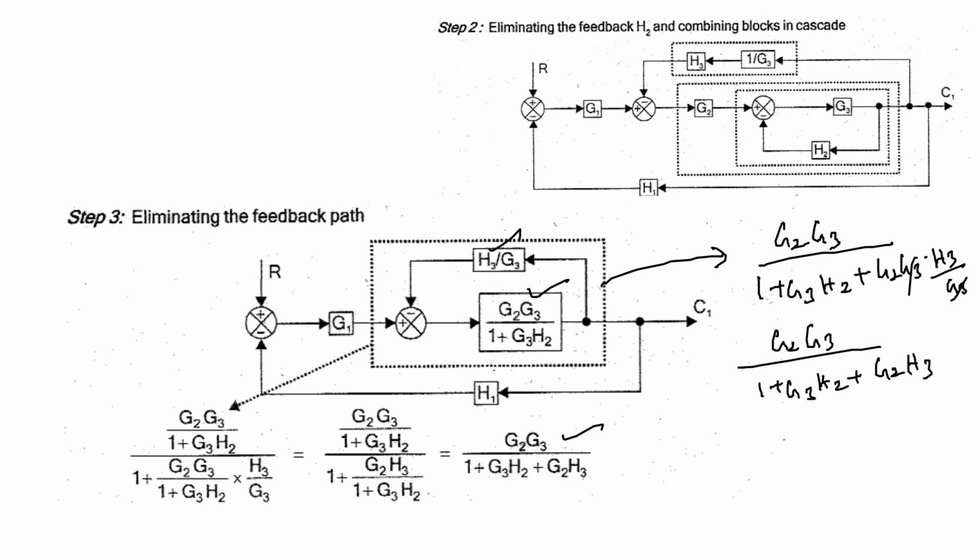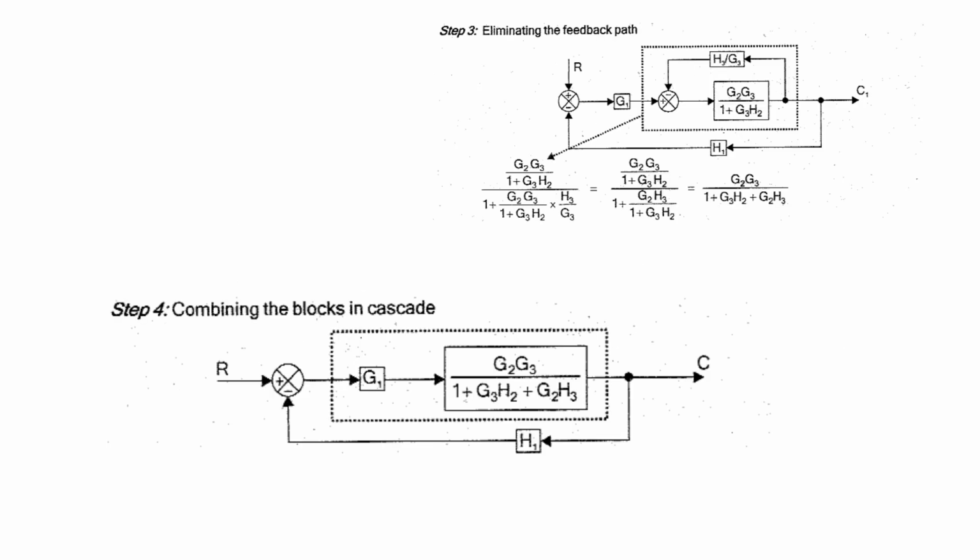So that's the equivalent of this particular block. Now that block will become cascaded with G1, so I can multiply that. So that becomes G1 G2 G3 divided by 1 plus G3H2 plus G2H3. This cascade is eliminated like a single equivalent block.